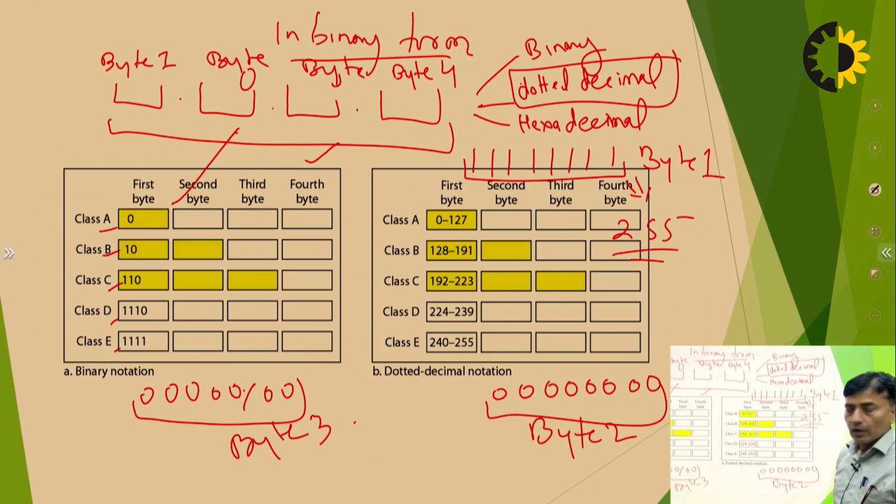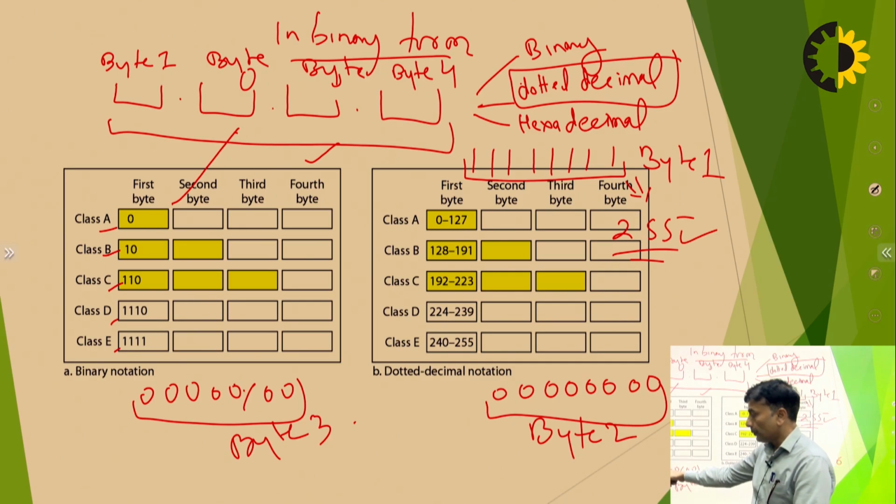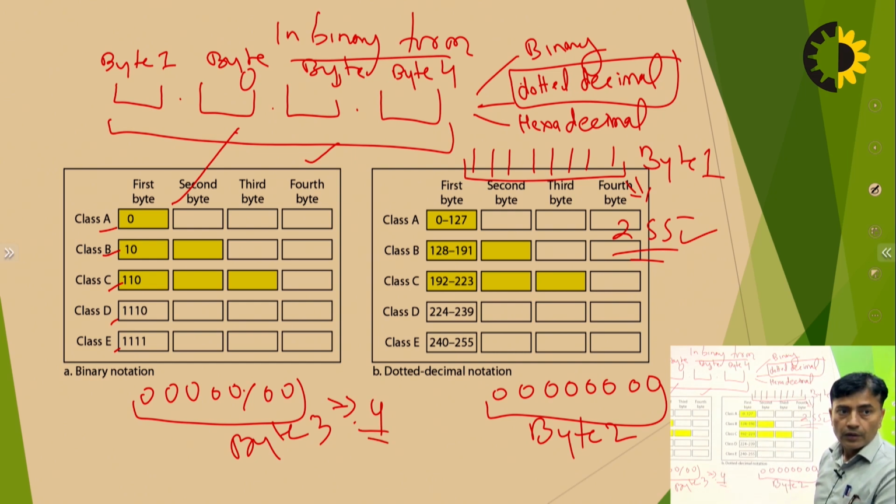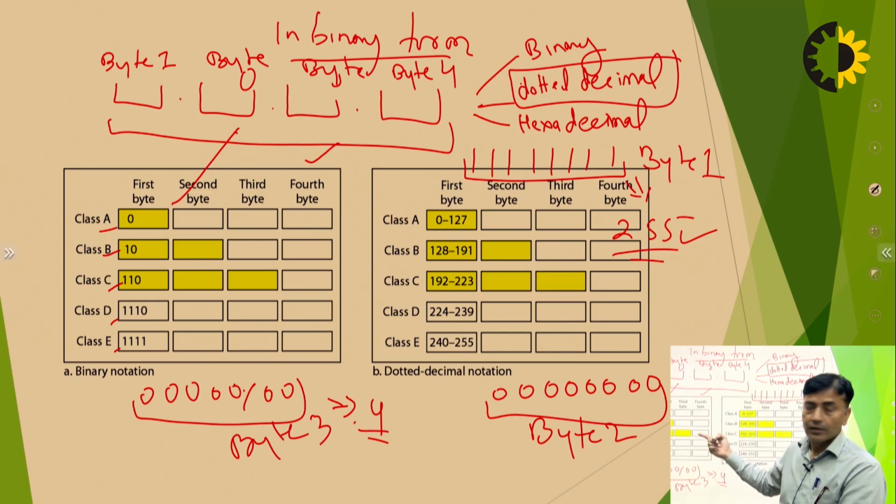Okay. Similarly, this byte 2, all 0s, gives decimal number 0. And suppose this is 6 times 0, then 1 0 0. This is the third byte stream. We know that this gives decimal equivalent 4. Okay. And suppose the last byte 4 also contains all 0s.